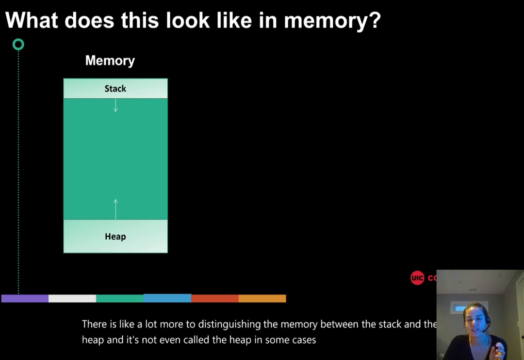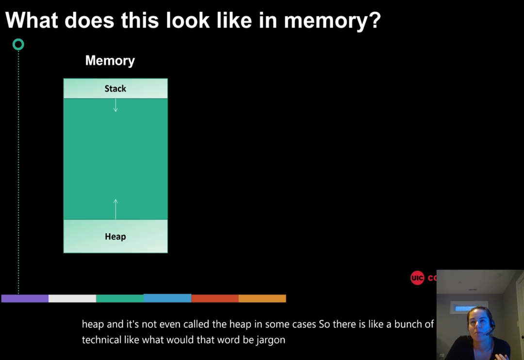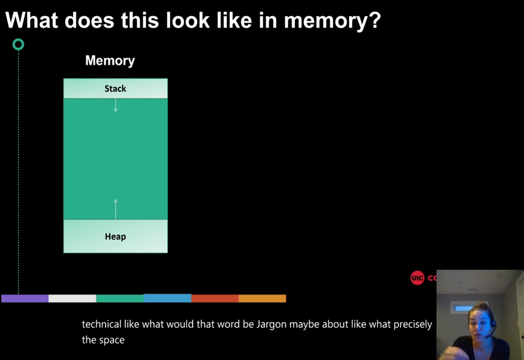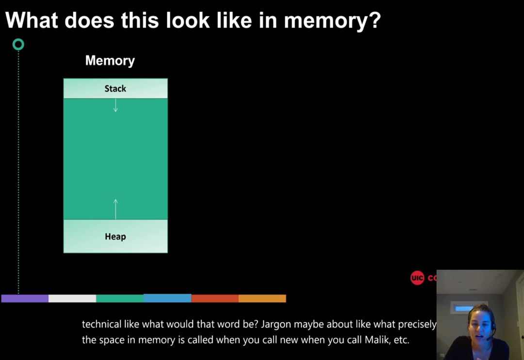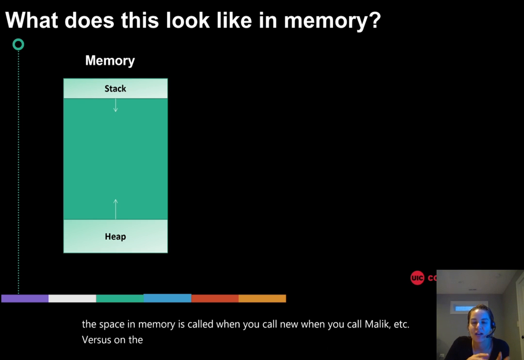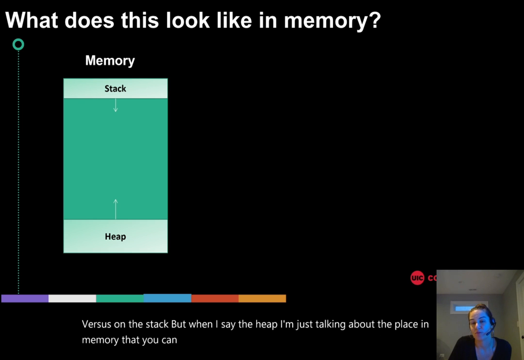There is a bunch of technical jargon about what precisely the space in memory is called when you call new, when you call malloc, etc., versus on the stack. But when I say the heap, I'm just talking about the place in memory that you can allocate and that you have permission to use. And that's typically what the word heap means.